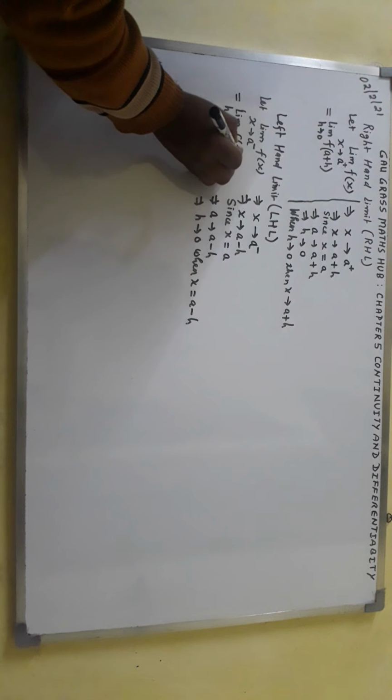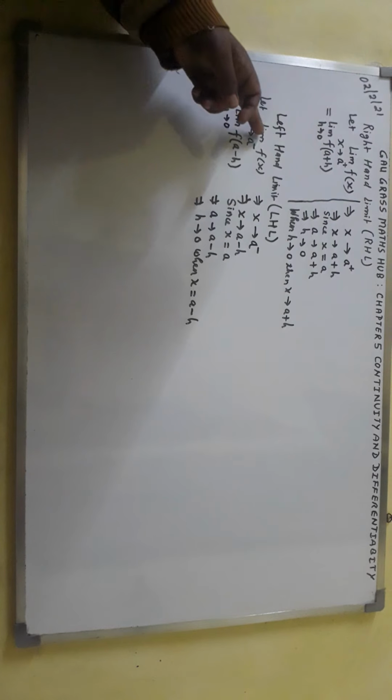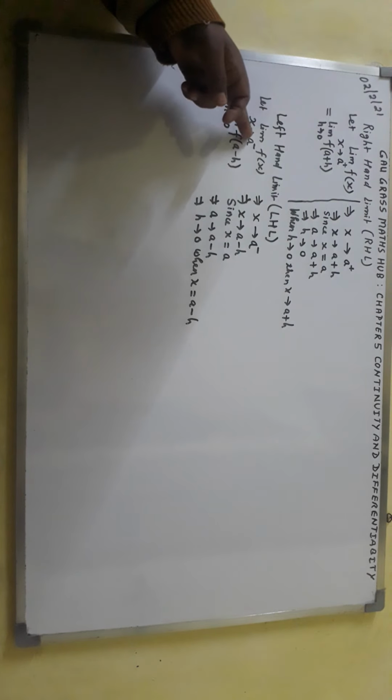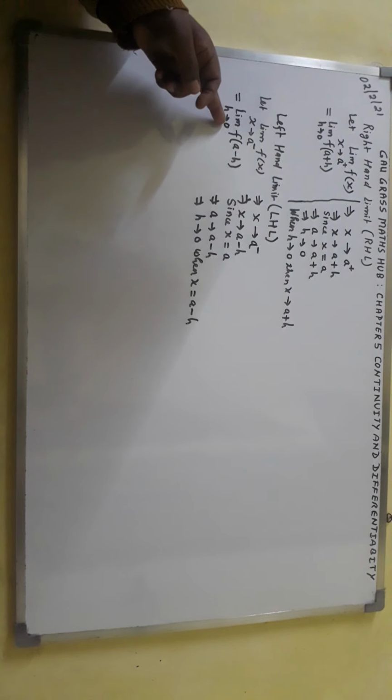So the left hand limit LHL, lim x tends to a negative of f(x), equals lim h tends to 0 of f(a minus h). This is the case you have got here.